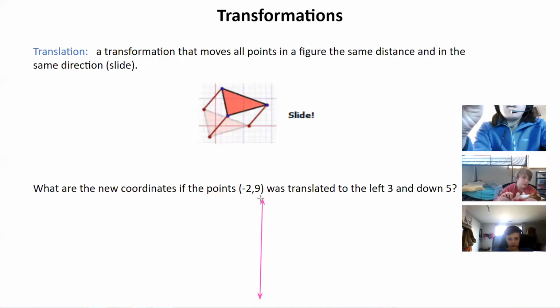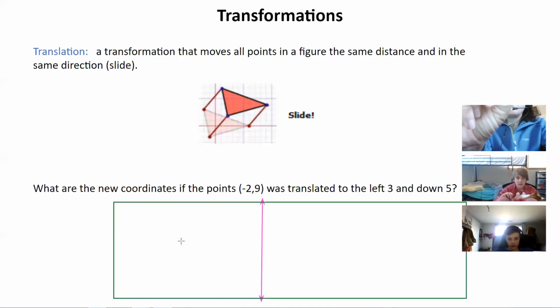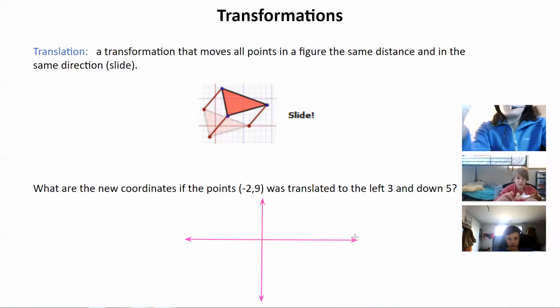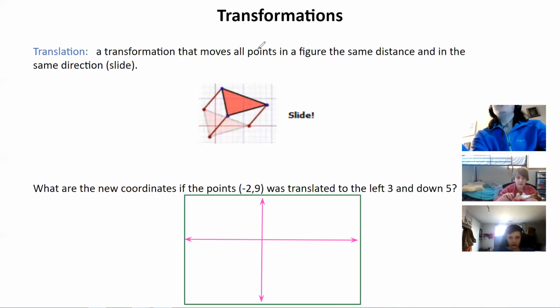So we'll draw it on the coordinate grid. Okay, so where would -2, 9 be? And remember, we can always use these little marks here.